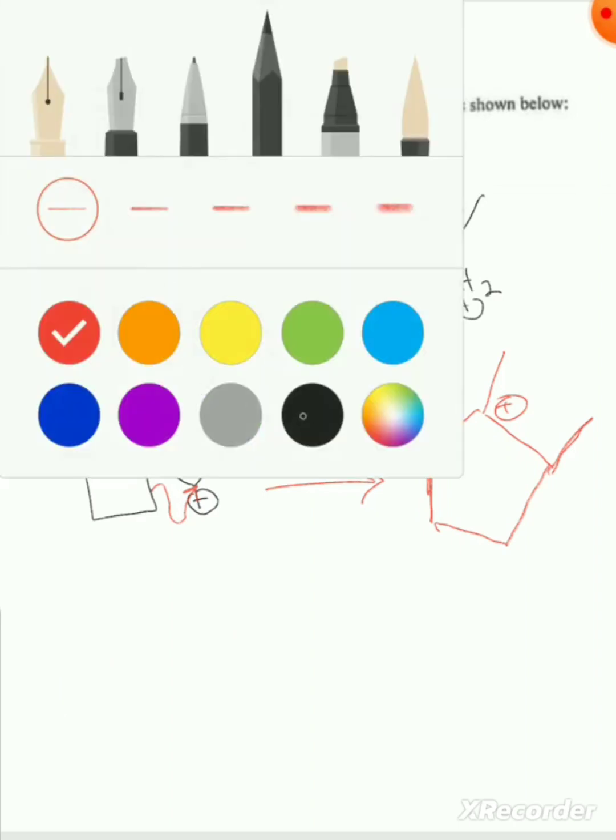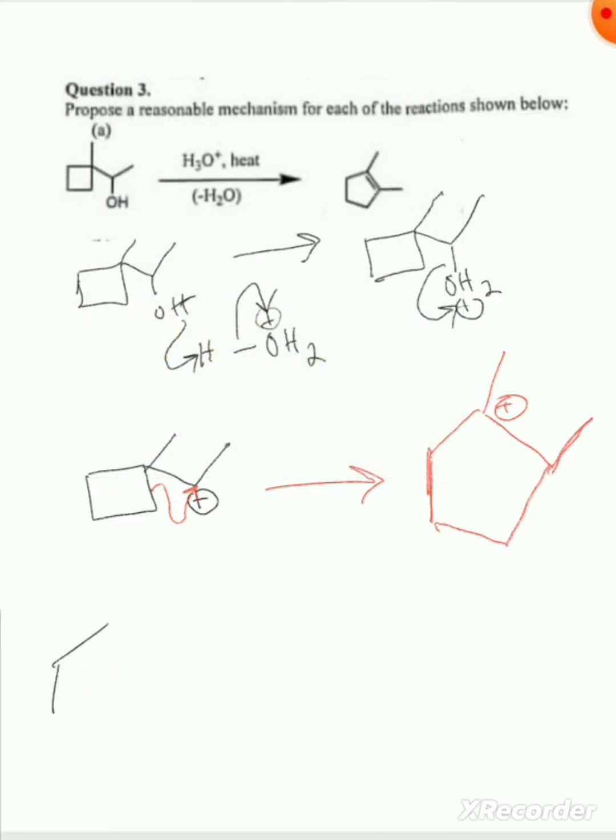So what we want is to neutralize this positive charge, either by using the Zaitsev or Hofmann rule. How can we use the Zaitsev or Hofmann rule?